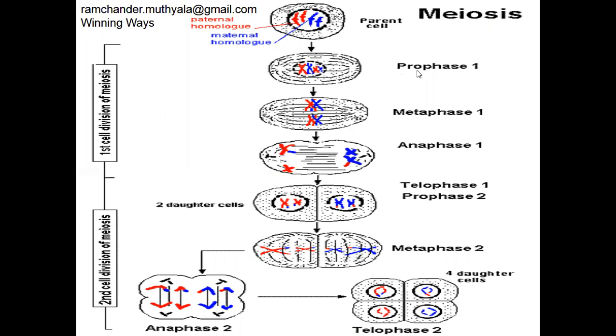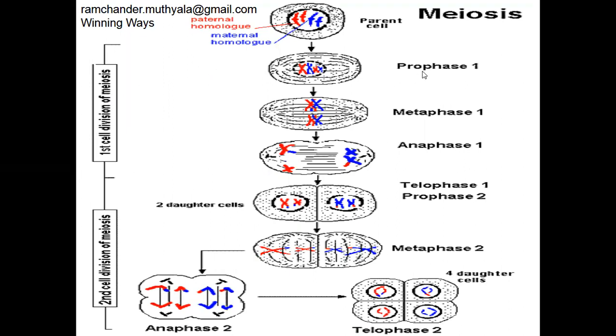Karyokinesis again shows 4 subphases: prophase 1, metaphase 1, anaphase 1, telophase 1. These belong to the first phase of meiosis division.